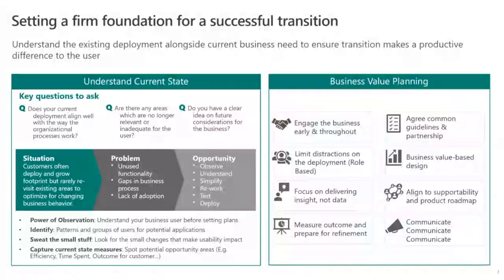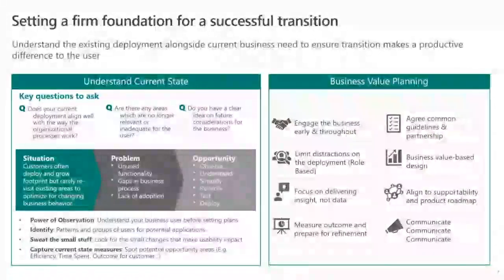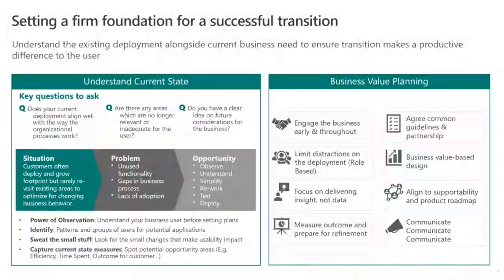And then the business value planning part, where you should be engaging the business early and throughout your migration project. Limit distractions on the deployment. We get into more details on this as well, but the unified interface is a great opportunity to have your users focused on their role and have an app that is tailored for them.